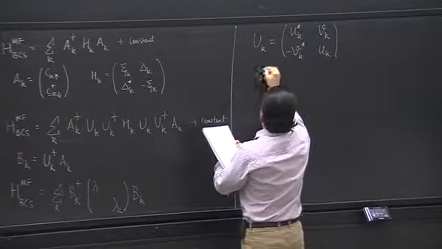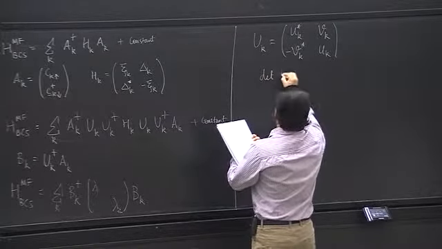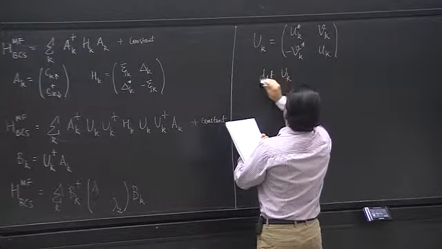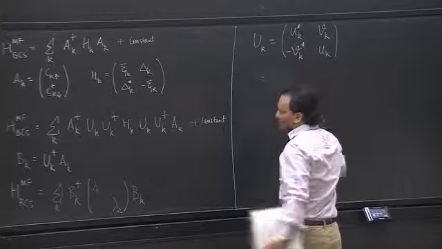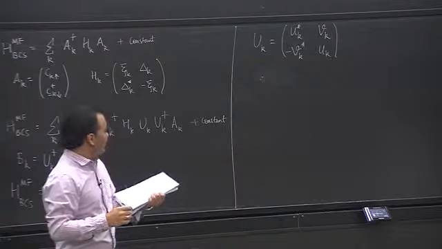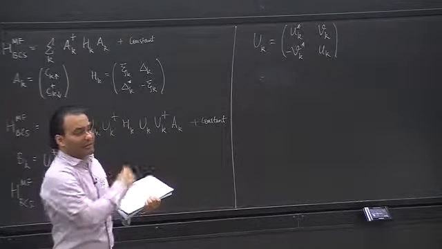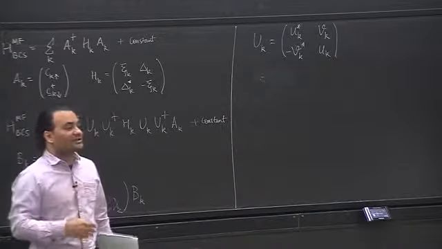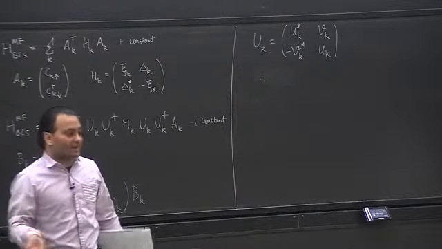You can check the determinant of this is 1. So this is a general way of writing a 2x2 unitary transformation. And we have already imposed, we know UK and VK, we know mod UK square plus mod VK square is 1.